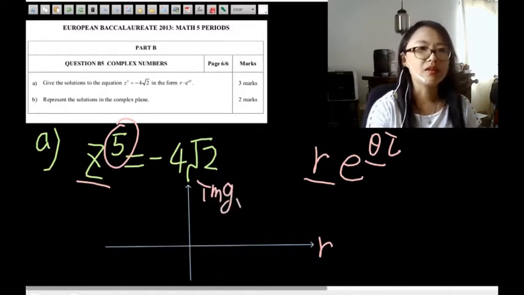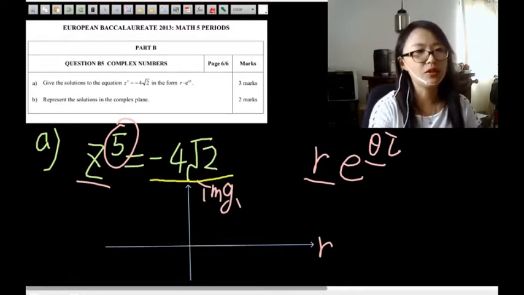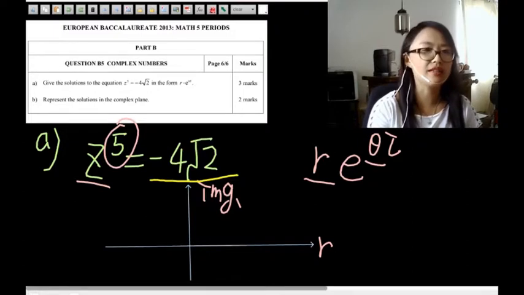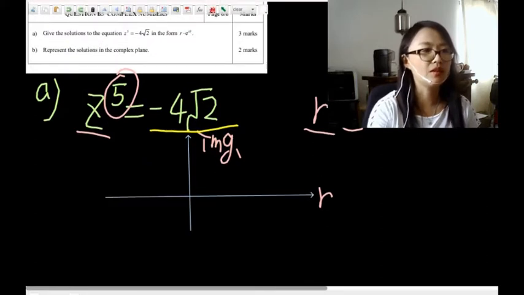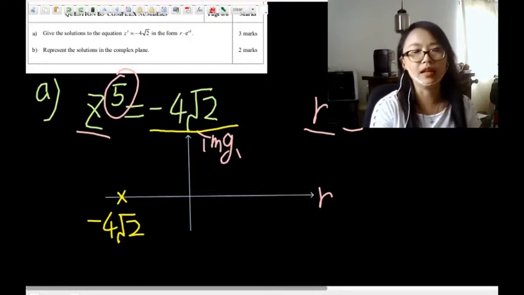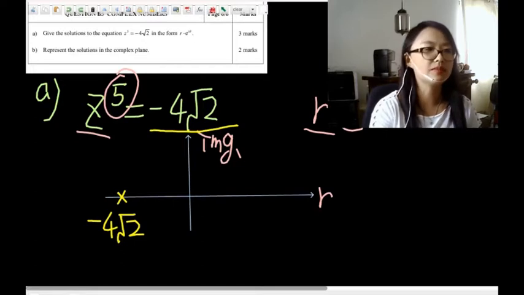Our result is minus 4 times square root of 2. This is a real number because we don't see i inside. Therefore, we're going to plot it on the real axis. So let's say it is here, minus 4 times square root of 2. It doesn't have any i inside, so the imaginary part is 0.